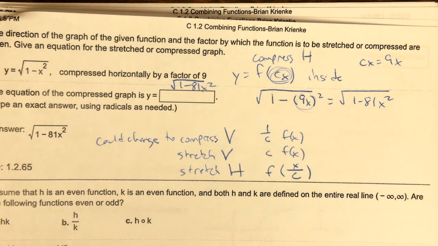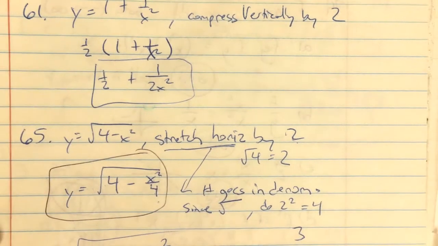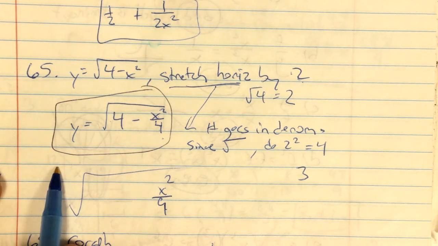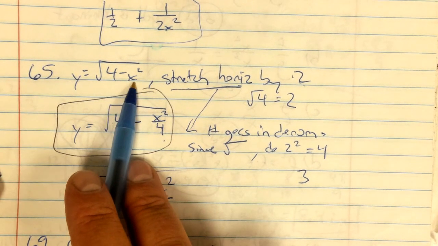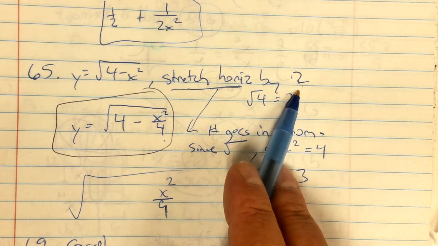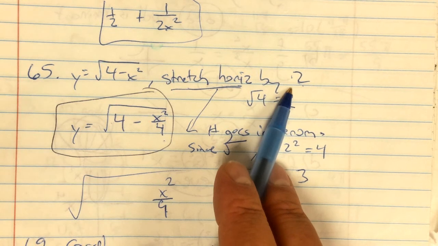Now, again, just to show you another problem like that, from the book I did 65 several years ago, and that one had square root of 4 minus x squared, and it said stretch horizontally by 2.